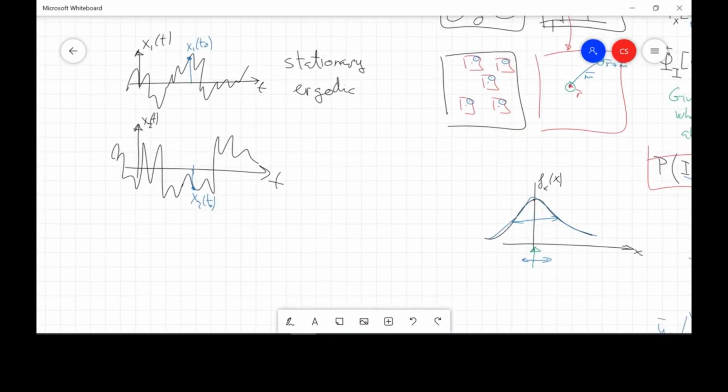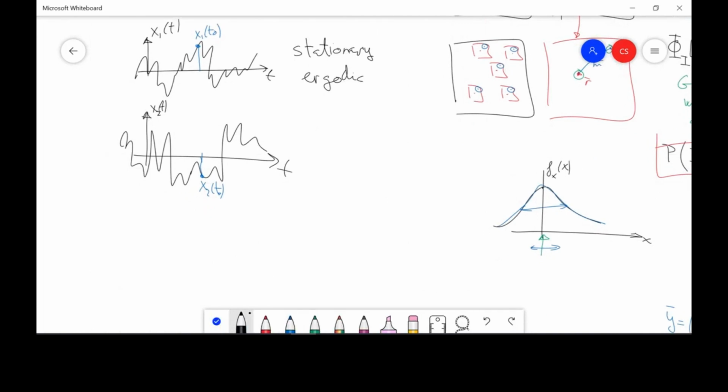Every time you observe this process, they all look alike, but the specific values are different. Okay, so this is the characteristic of noise. Now you wonder the following.